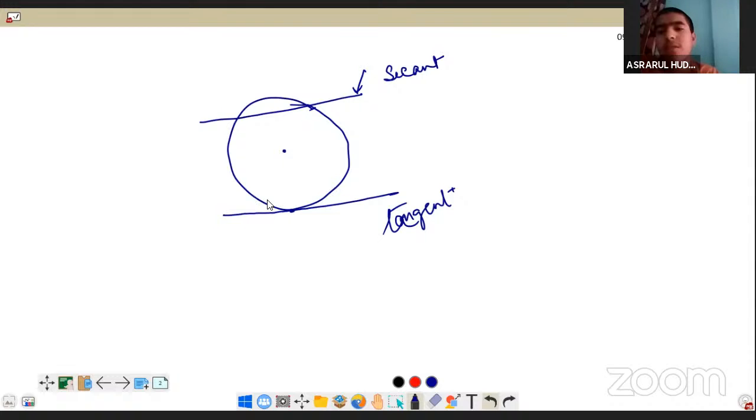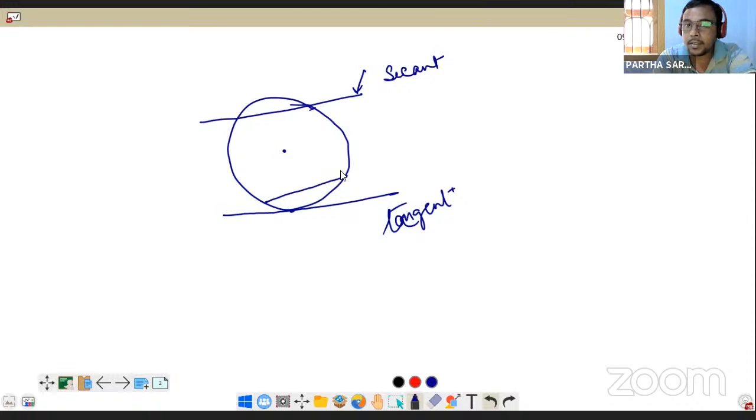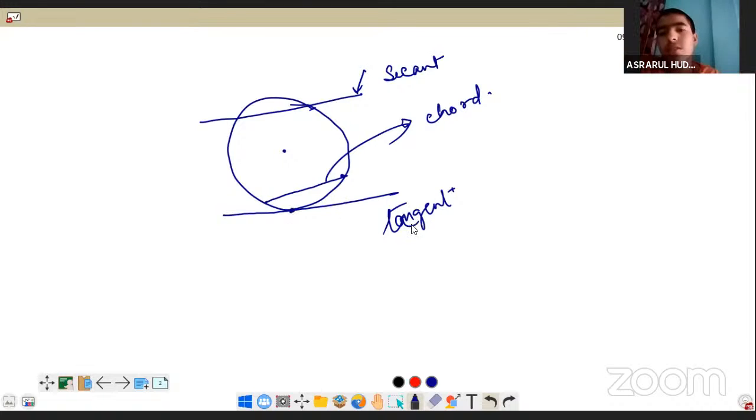But if a line joins two points on the circle from inside to the other side, then this one is called a chord. So, understood the three things? A line which touches the circle at one point is called a tangent, a line which cuts the circle in two points is called a secant, and a line which joins two points of the circle is called a chord.